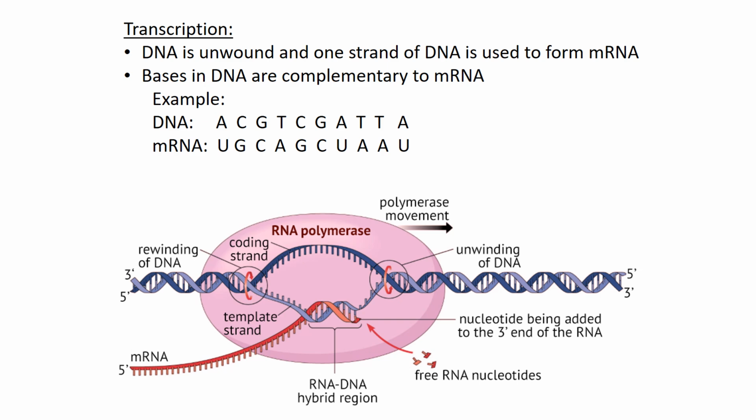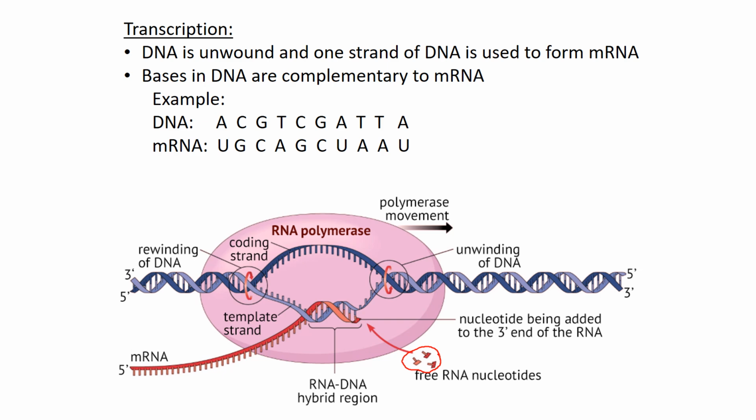It's also DNA helicase here. So using only one strand of DNA, looking at those bases, the enzyme grabs free RNA nucleotides that are floating in this region. It grabs the RNA nucleotides and attaches them to the opened up bases on the DNA.